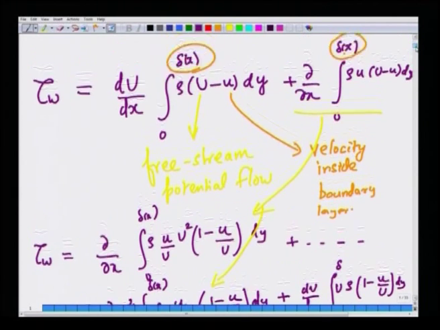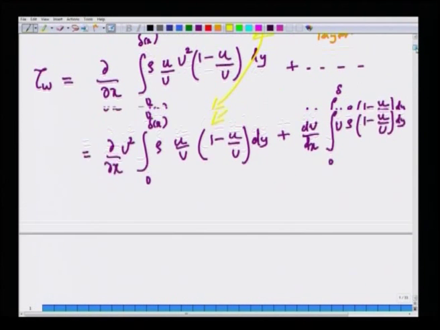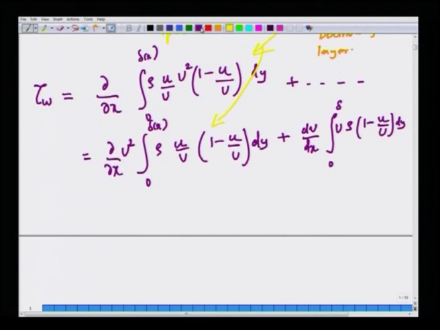So, if you look at this term, I can pull out U. So, I will get a factor of u divided by U, and since this capital U is a function of x only, I can pull this outside the integral and write it outside.